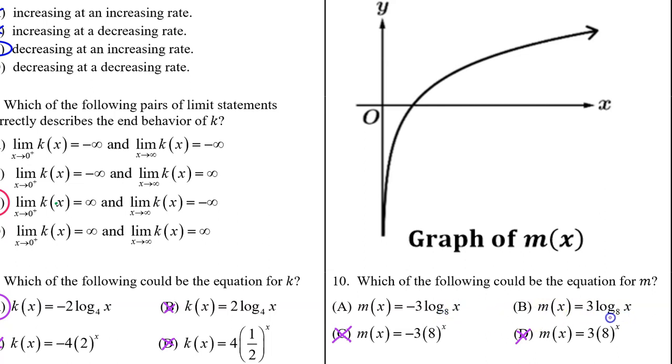As long as that b value is bigger than 1, we can easily tell whether the a value will be negative or positive, because if the curve is increasing, the a value is going to be positive in this case. When the b value is bigger than 1 and the a value is negative, then that's when it's going to be decreasing. So the fact that this is increasing like this tells me that the a value is positive, and the answer is B.